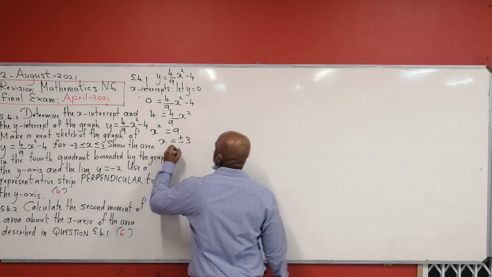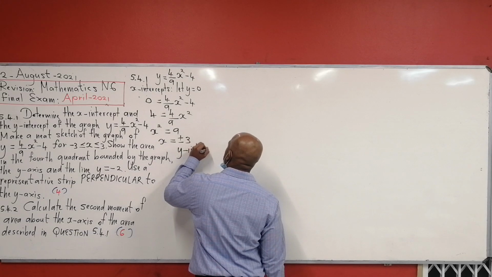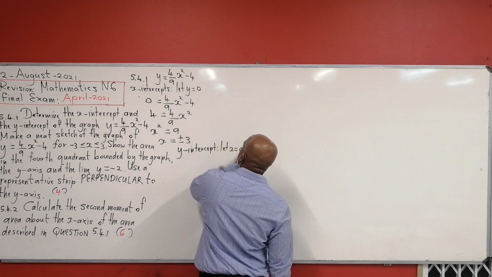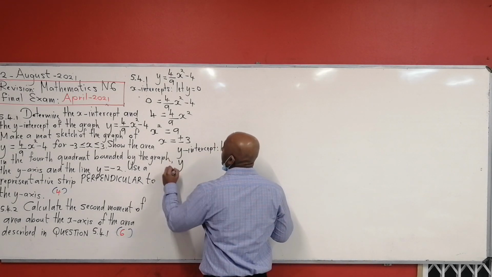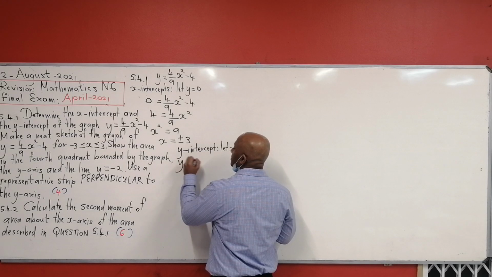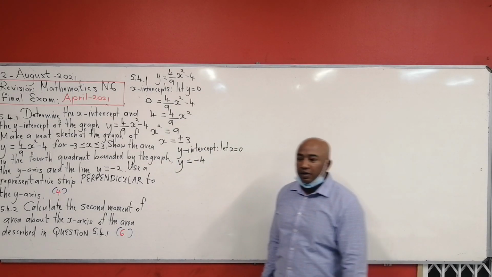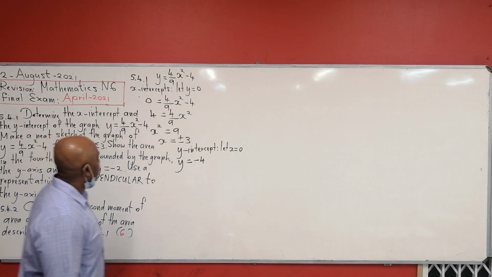Now, y-intercepts. Let x equal to 0. So you let x equal to 0, and then y is equal to minus 4. Easy. Parabola. You can see that. Now, let's sketch this graph.